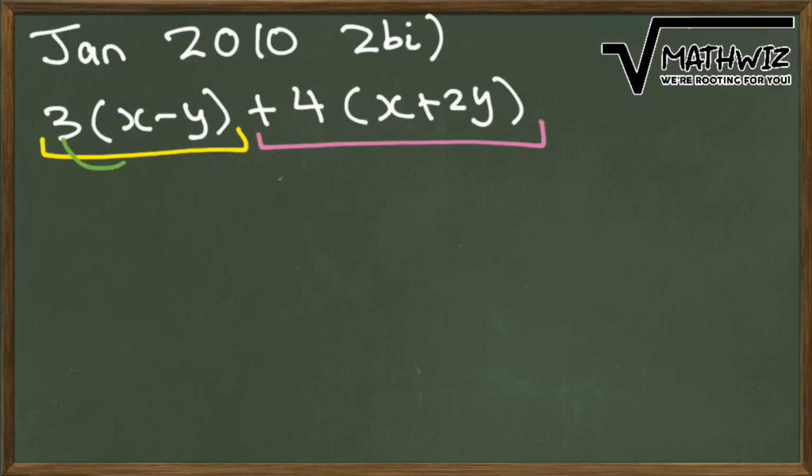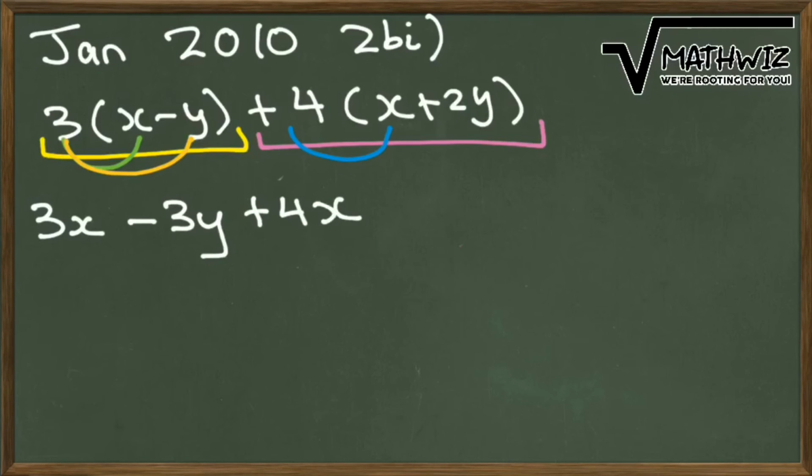All right, so I have 3 times x, that's going to give me 3x. I have 3 times minus y, that's going to give me minus 3y. I have positive 4 times x, which is going to give me positive 4x.